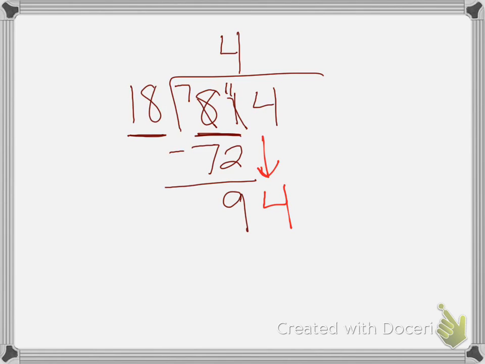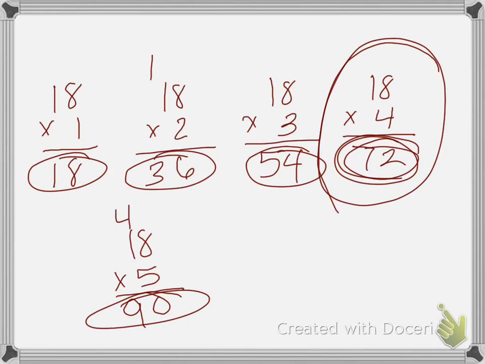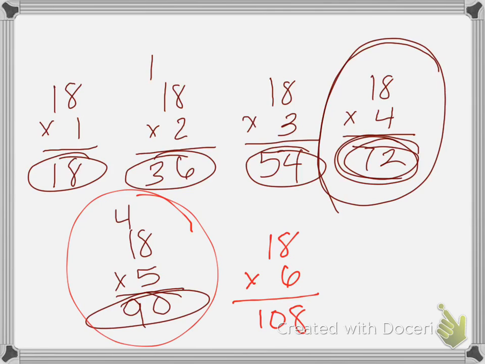Now I have to ask myself, how many times does 18 go into 94? Well, if I saved my work over here, I know that 18 times 5 is 90, so that's probably as close as I'm going to get, because if I do 18 times 6, I'm going to go over 94. Because 18 times 6 is 108. So we need to use this problem now.